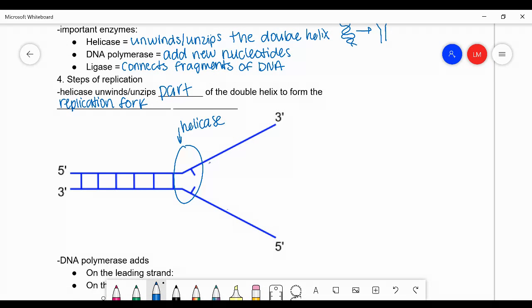It is moving along the DNA molecule and unwinding and unzipping that. And this open space right here is the replication fork. So that is going to happen first.